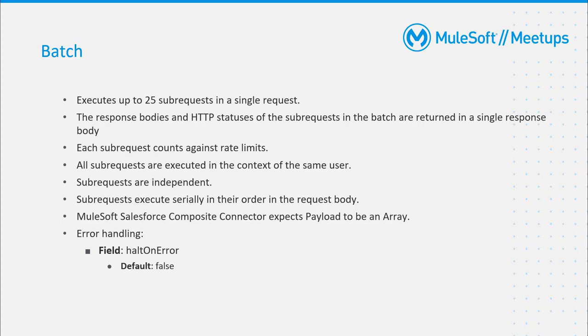So suppose you have to query 25 different objects, it might be the same, it might be different, like account, contact, opportunity, promotion item, price book entry, quotation, case, anything, right? What you can do is have all those in a single request, divided into multiple sub requests, and query all the objects at once.